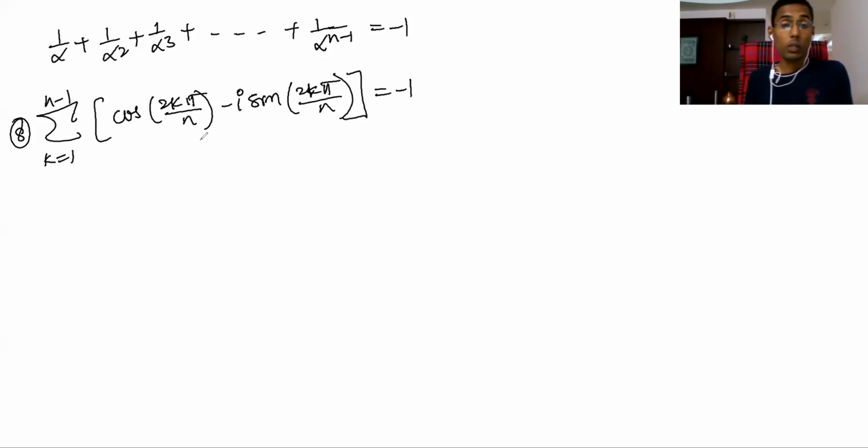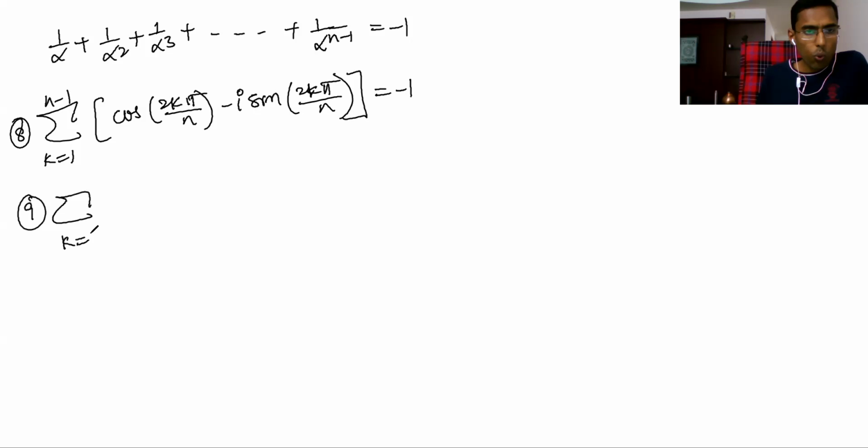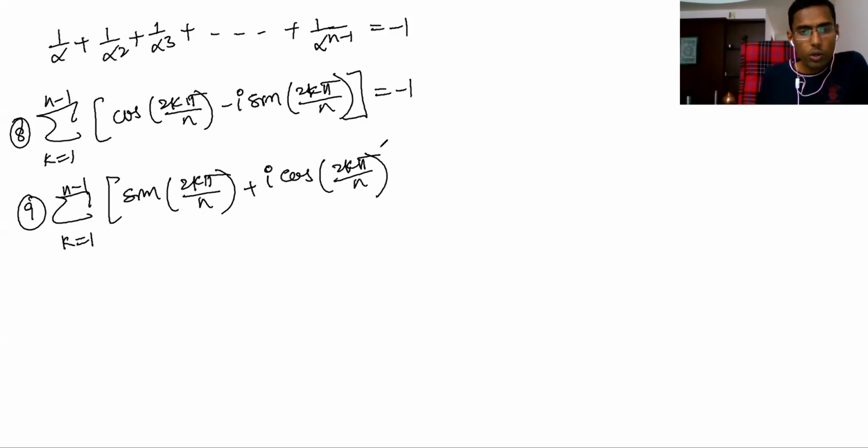Please understand, in between. But here, if I multiply with i, what you're going to get? Summation k equal to 1 to n minus 1. Here, if I multiply with i, what you're going to get is sine of 2k pi by n plus i cos 2k pi by n. I multiplied with the i, understand, this is going to be minus i.